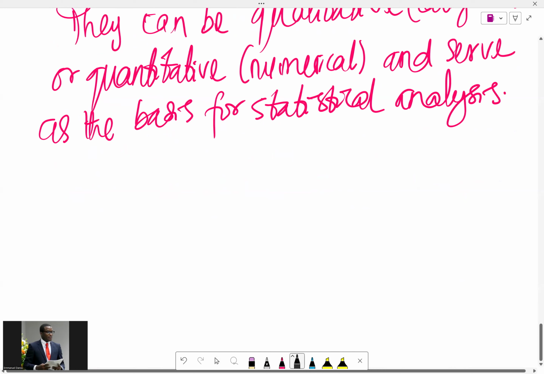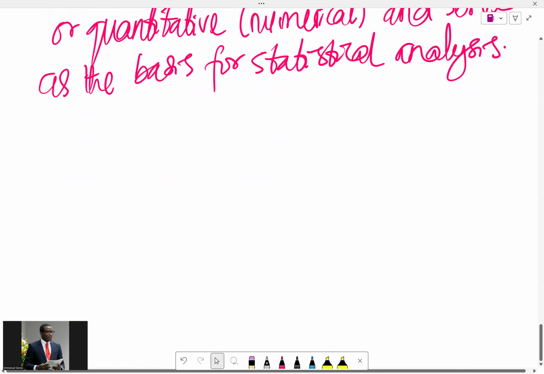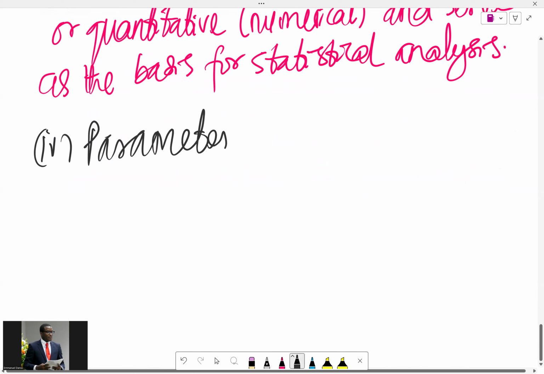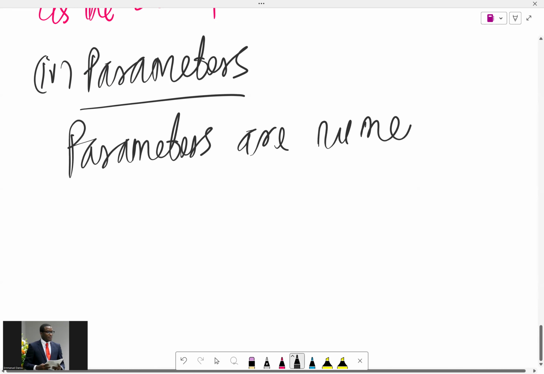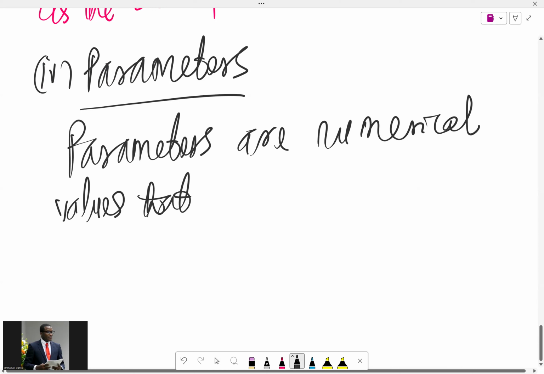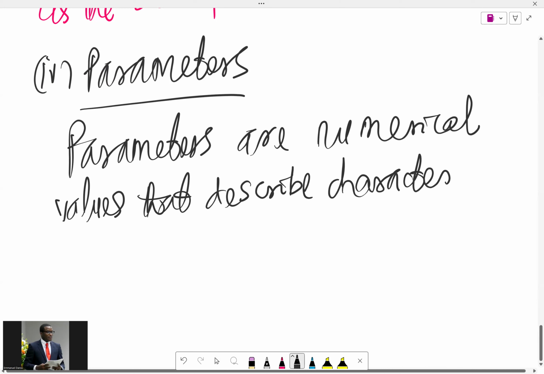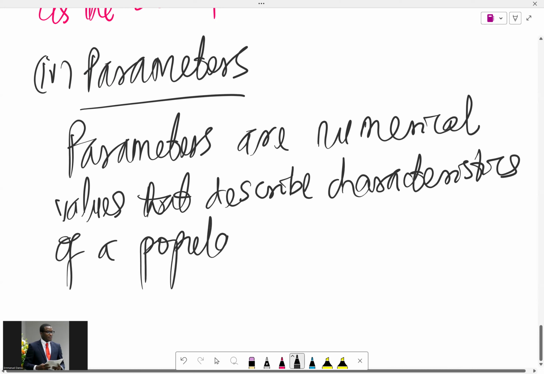Okay. Then we have the next one, talking about parameters. So we can say that parameters are numerical values that describe characteristics of a population, such as the mean.